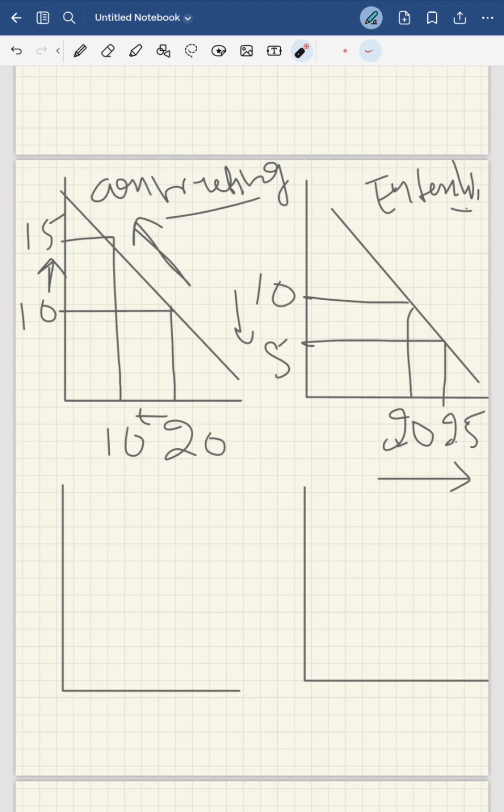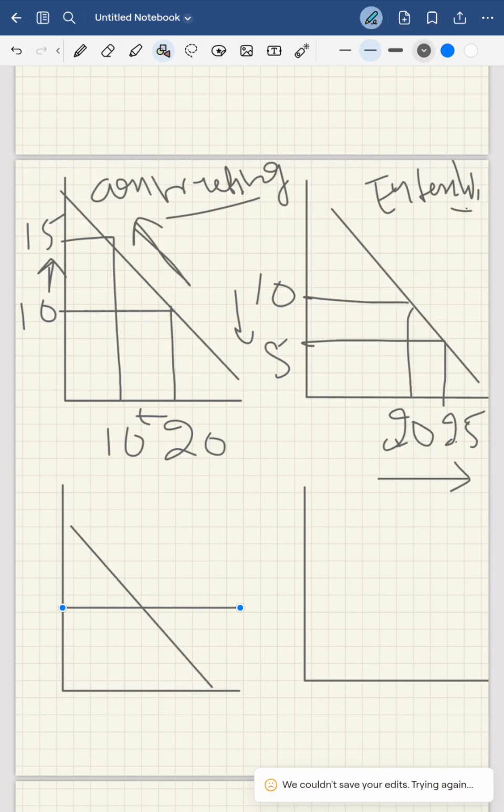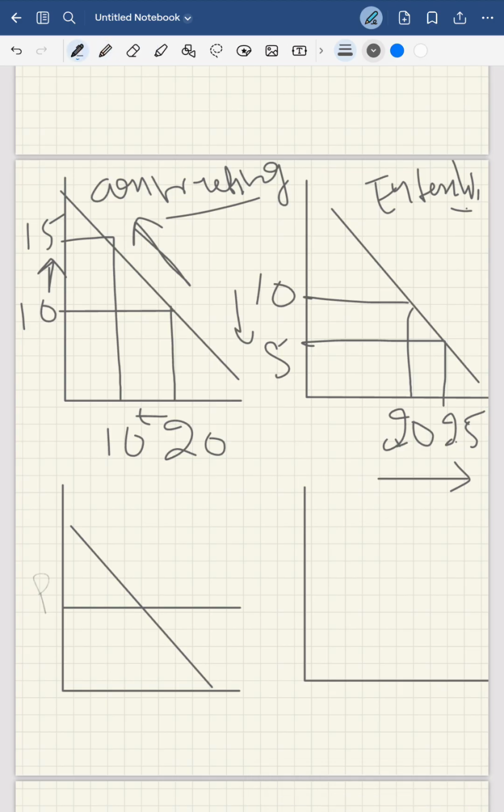When we are saying increase and decrease in demand, that means we are considering other factors. Look here, the price is 10. There is no increase or decrease in price. The price remains constant, but the income of the consumer rises.